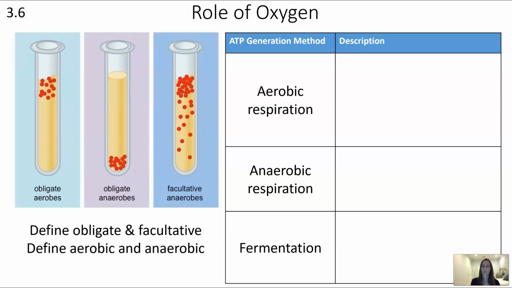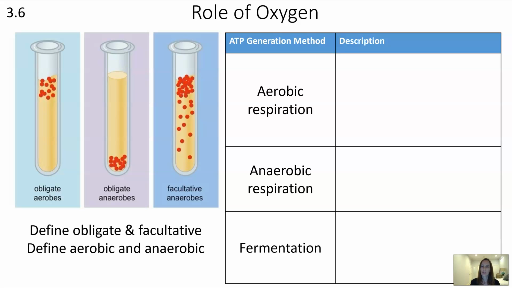So obligate means that it has to, that's the only choice it has. It is required. Facultative is, it's possible, so it can go either way. Aerobic means oxygen, anaerobic means without oxygen. So on the left we see obligate aerobes. These are organisms that can only survive in conditions of oxygen being present.